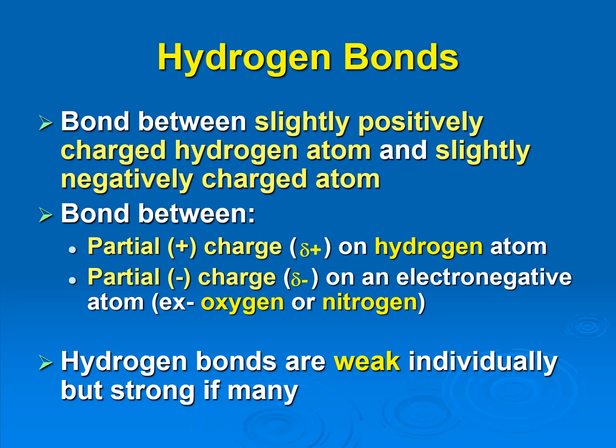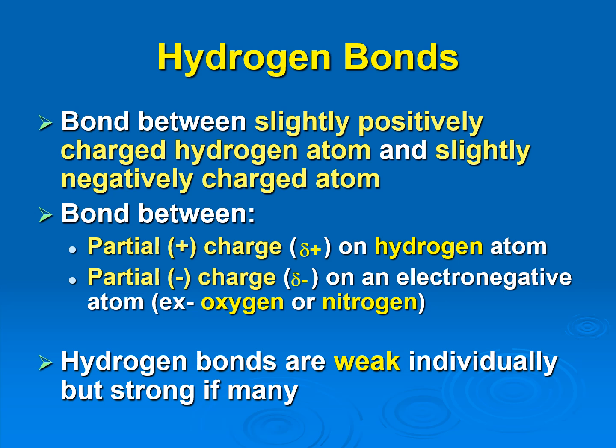Okay, our third type of bond would be the hydrogen bonds. And a hydrogen bond will be a bond between the slightly positively charged hydrogen atom and another slightly negatively charged atom. And another way we could say this is it's going to be the bond between the partial positive charge on the hydrogen atom and a partial negative charge on, like an oxygen or nitrogen atom.